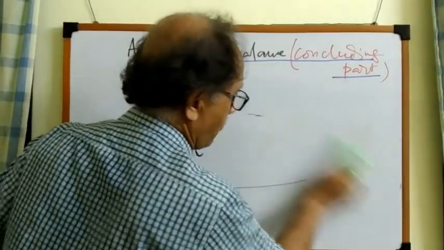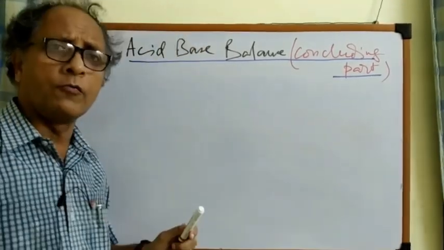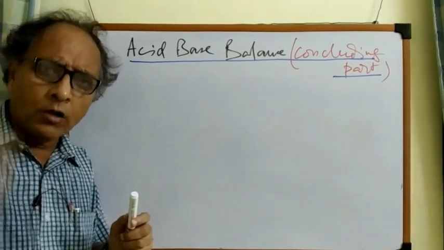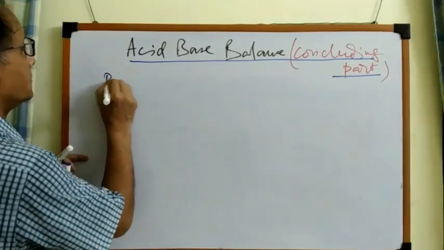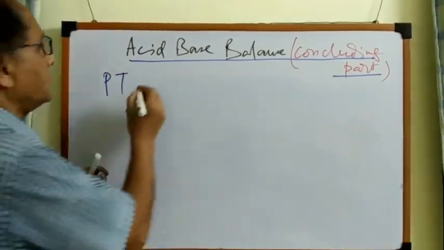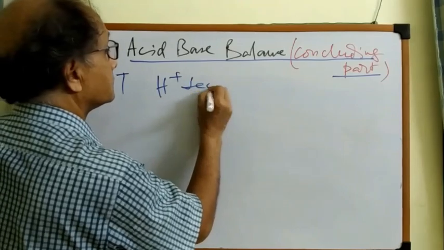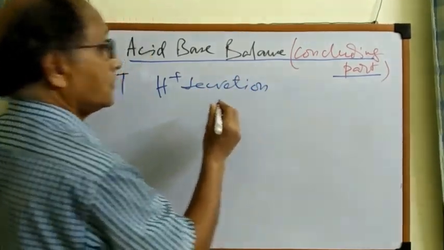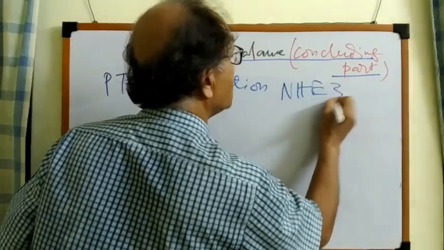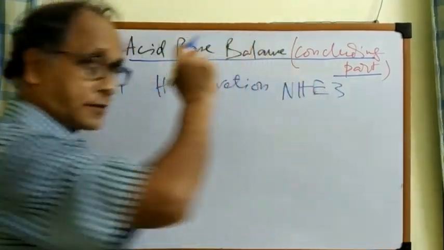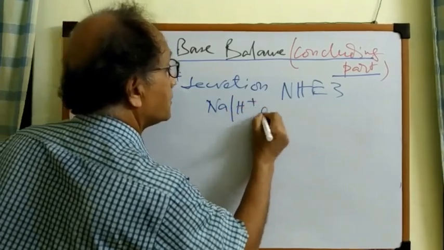Now there is another very important issue. We all know when we discuss the H plus ion secretion along the tubular epithelium, I told you that in the proximal tubule portion, the hydrogen ion secretion is done via NHE3, sodium hydrogen exchanger, or it can be written as sodium hydrogen antiporter.